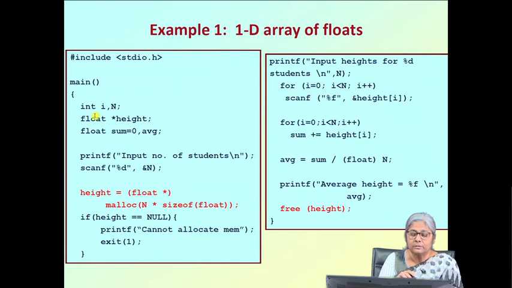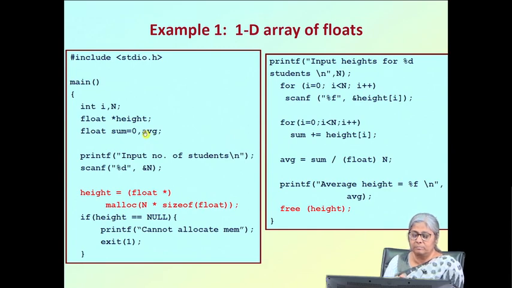In the main program, we first declare two integer variables and one pointer named height, whose type is float, so float *height. Then float sum equal to 0 and avg, two variables of type float, where sum is initialized to 0 and avg is the average.